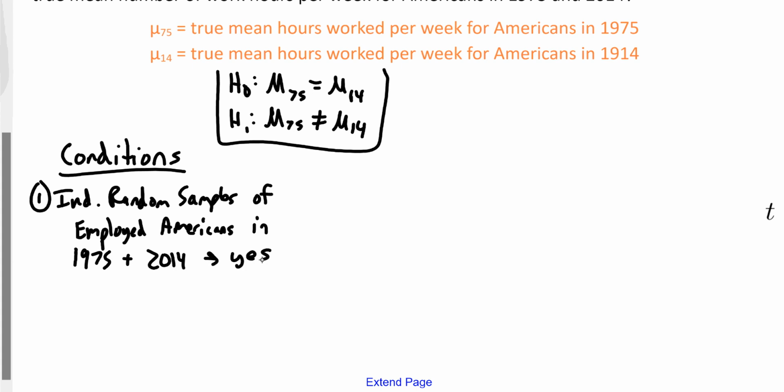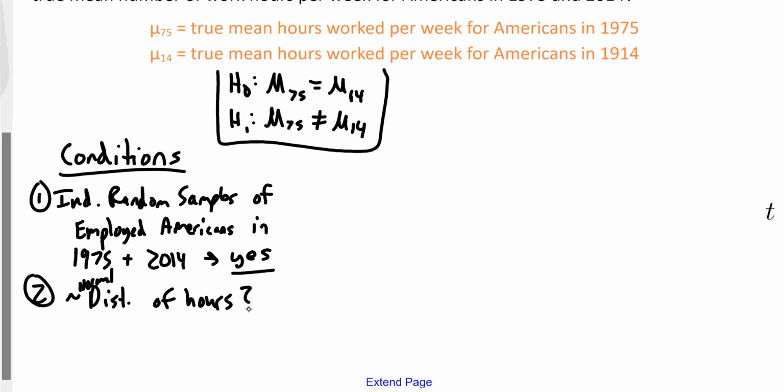Yes, that was stated. All right, now for our approximately normal distribution of hours, that's what we're looking for. Approximately normal distribution of hours worked. This would be for both. We have to check both.